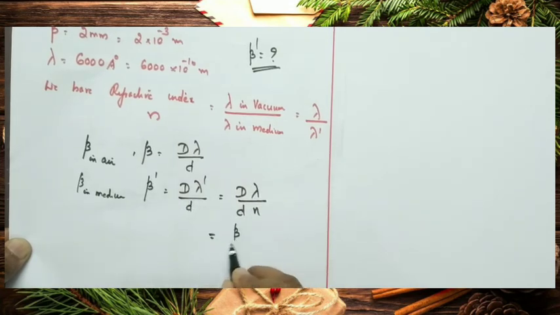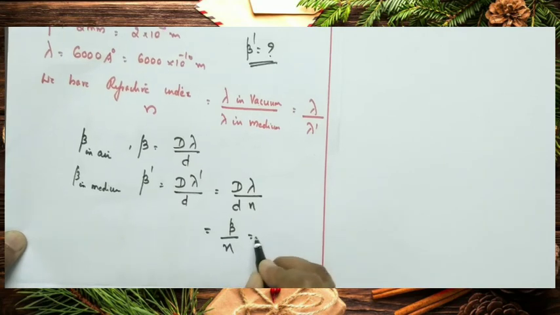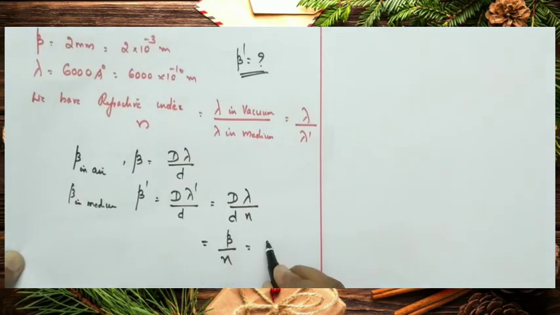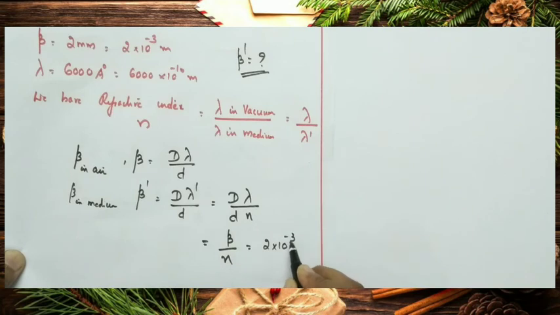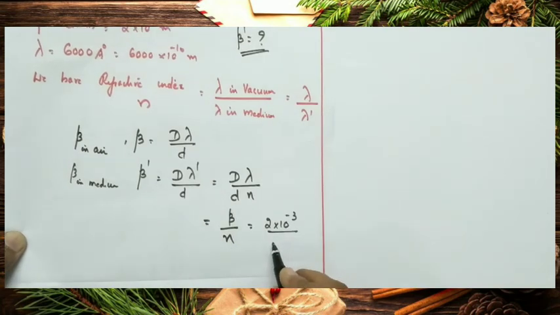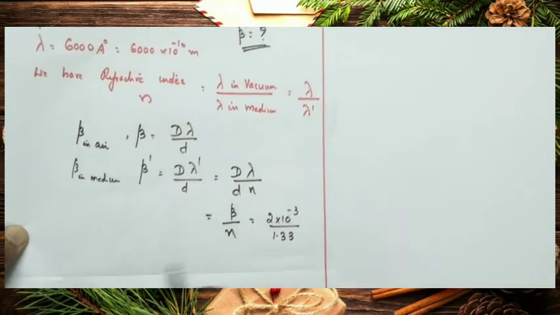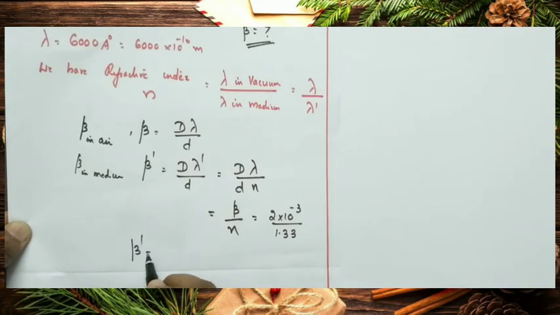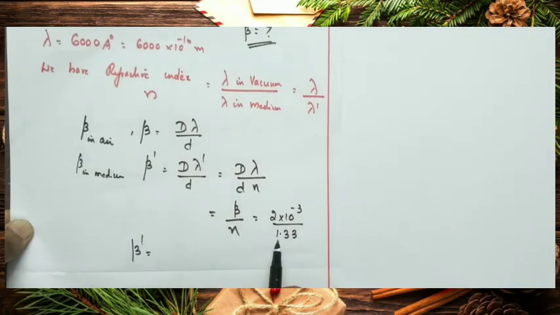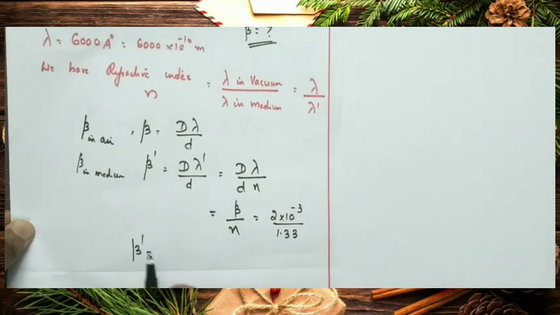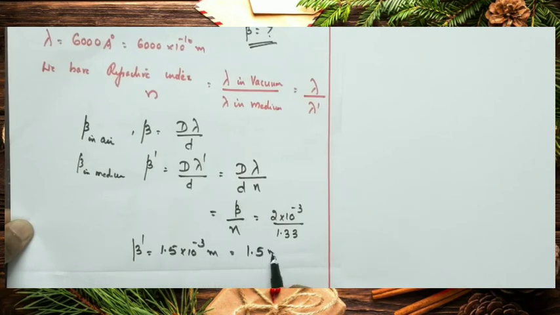So it is beta by n. Beta, the fringe width, is 2 into 10 raised to minus 3 divided by n. The refractive index of the medium given is 1.33. So the fringe width in the medium is 2 into 10 raised to minus 3 divided by 1.33, and the answer is 1.5 into 10 raised to minus 3 meter, or 1.5 millimeter.